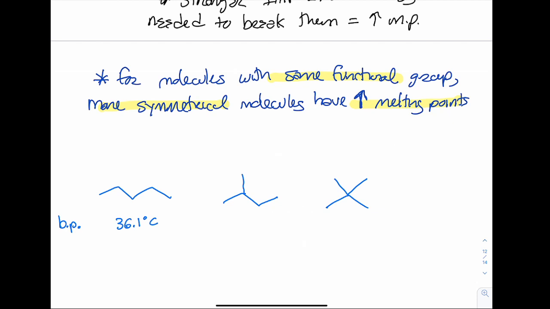I would expect this one in the middle to be next, and I have 27.8 degrees Celsius. And then this last one, which has less surface area, has the lower boiling point of 9.5 degrees Celsius. So those are the temperatures at which they would boil.